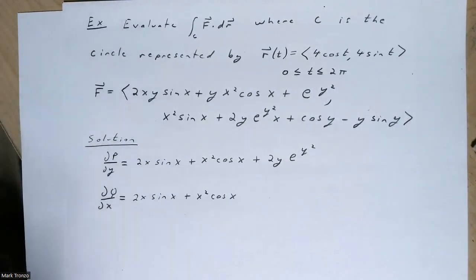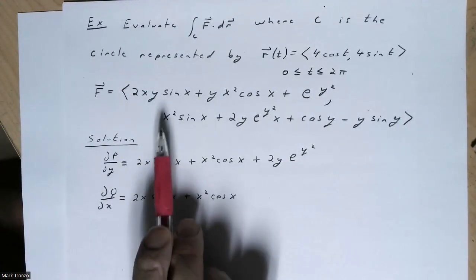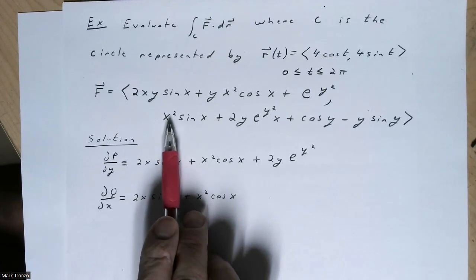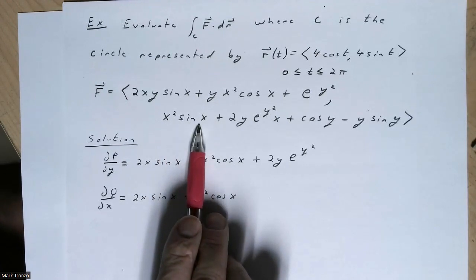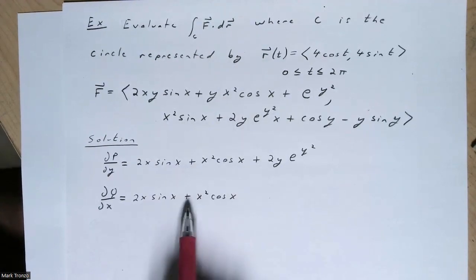Again, if you do it in the other order, that's fine. In other words, you could take this times the derivative of sine plus the derivative of this times sine, which would be the same thing.